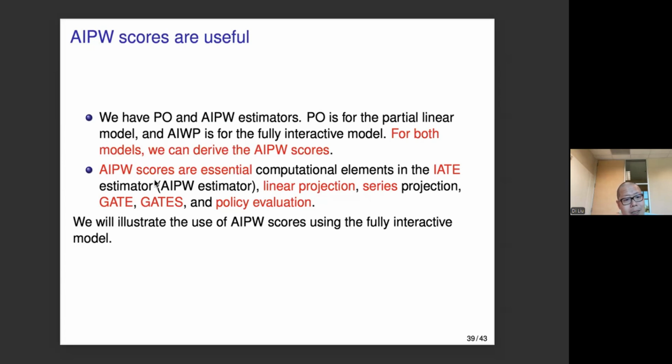These AIPW scores are essential computational elements in the ITE estimators, especially for the AIPW estimator. AIPW scores are also essential for linear projection, in series projection, in GATE estimation, and even in policy evaluations.